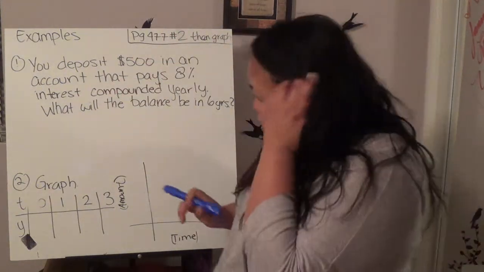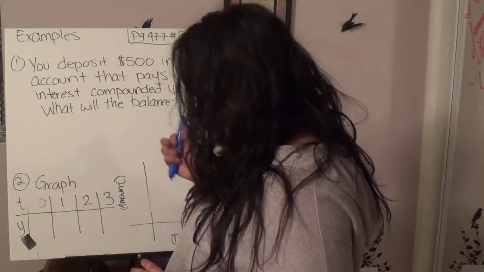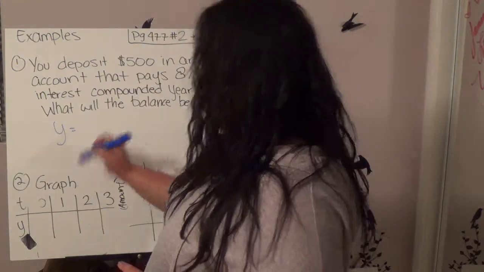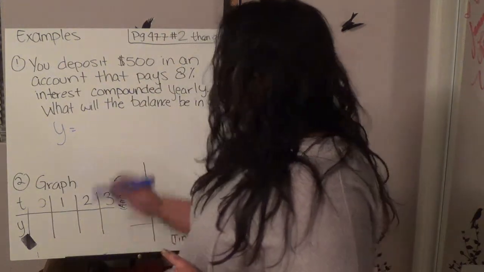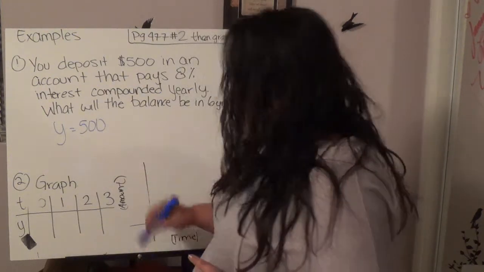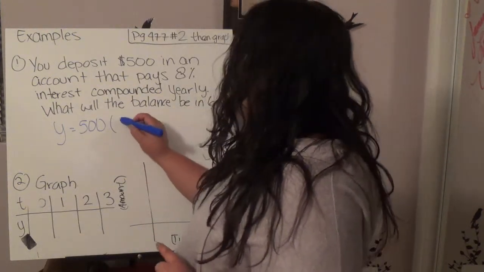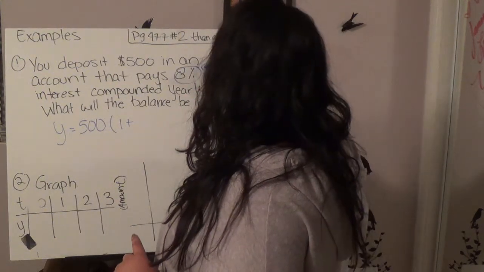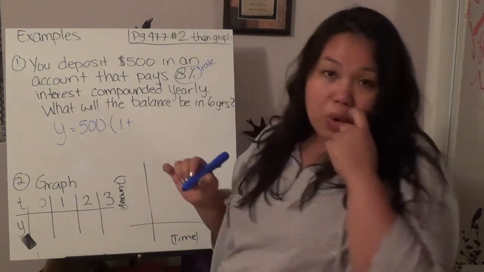So our equation is y equals C, and C represents our initial amount, so 500, okay? And then the equation is 1 plus R. Now, this is our rate, but we have to put it in decimal form.